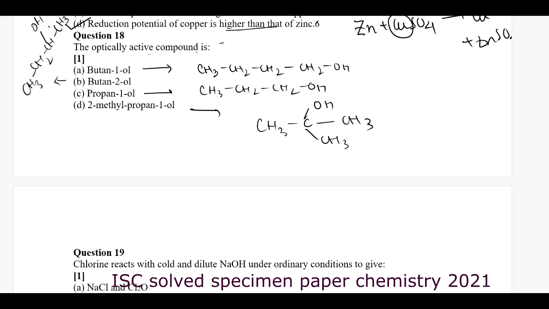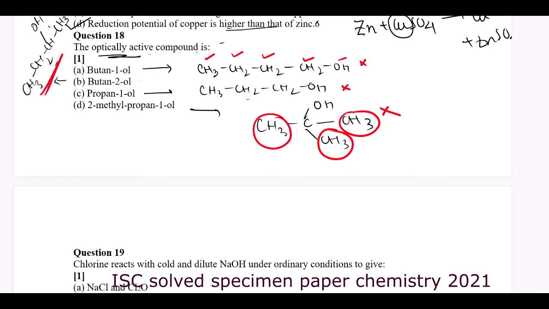In all the cases, how will we see optical activity? The carbon has to be chiral, the carbon attached with 4 different groups. Here for the first case, a carbon having 4 different groups is not present, so that can't be optically active. For the fourth case, there are 3 methyl groups, the same group, so that can't be.